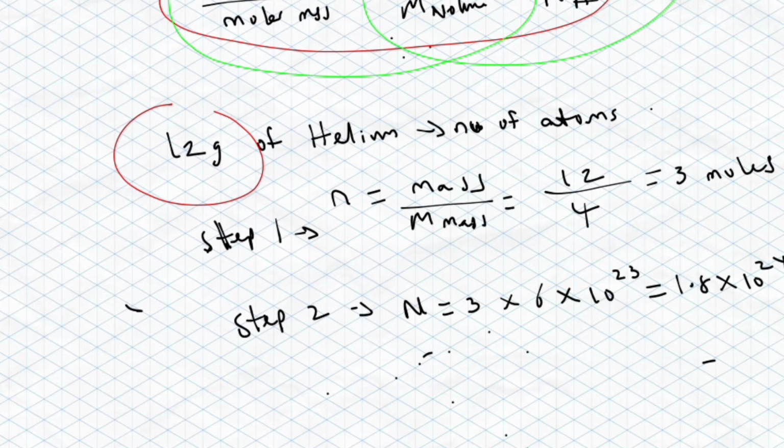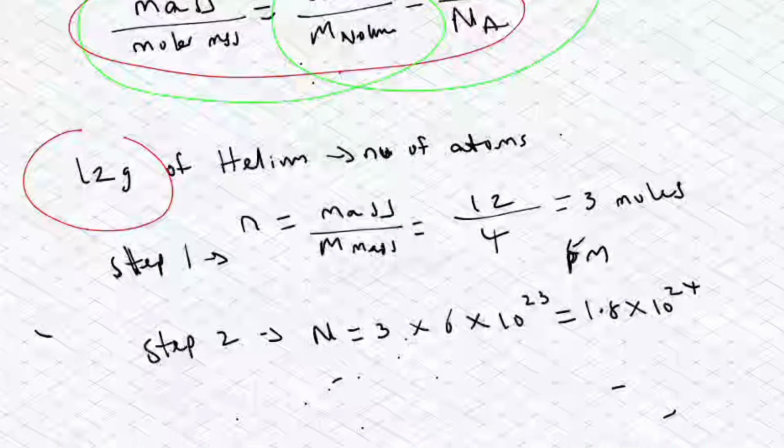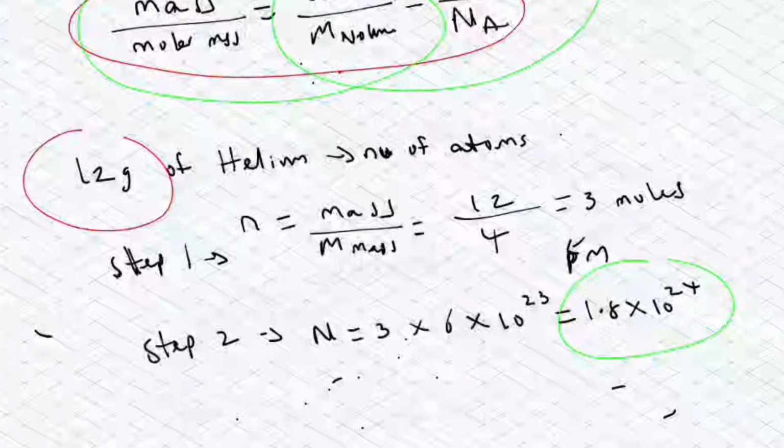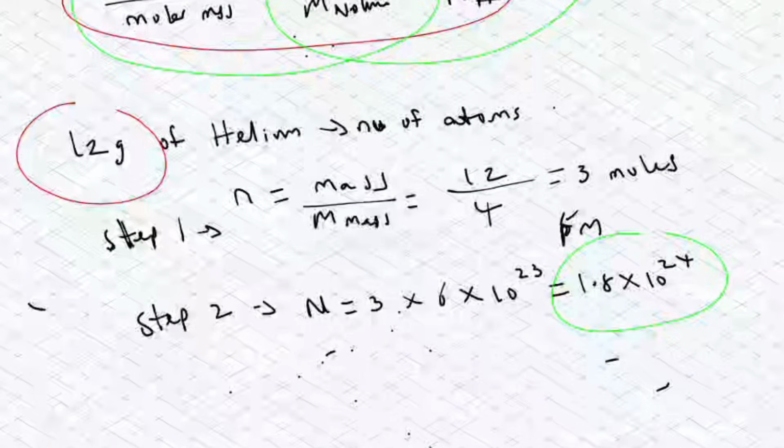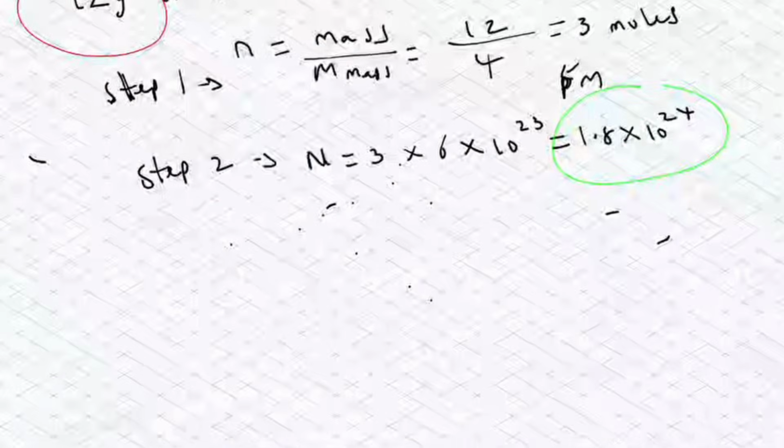Remember, we are converting now from mole to particle. So what are we going to do? We multiply. So I hope you guys understand. It's very straightforward. If we are converting to particle, we multiply. So that's basically that.